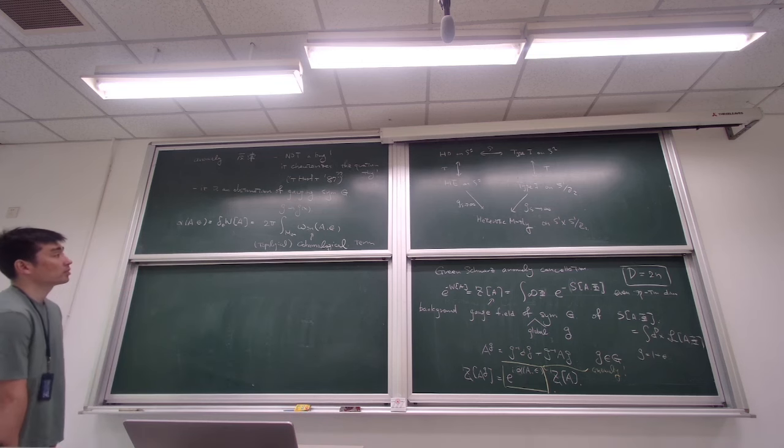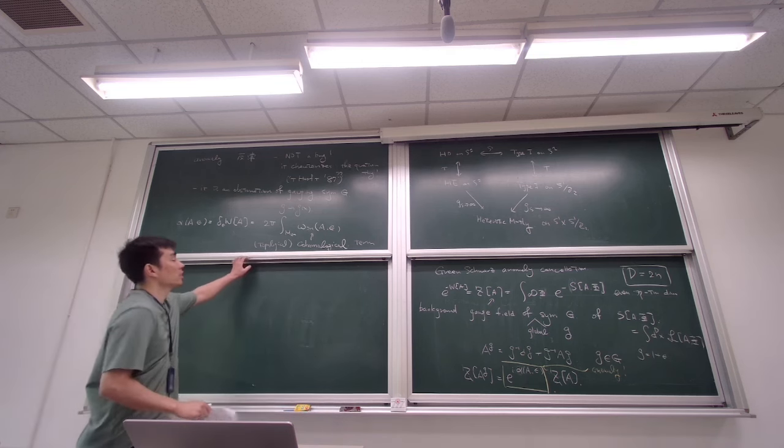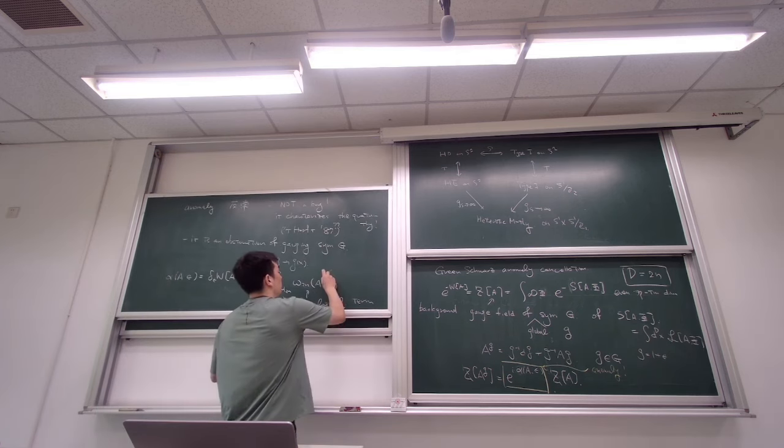Okay. So essentially this can be understood as a 2n form.